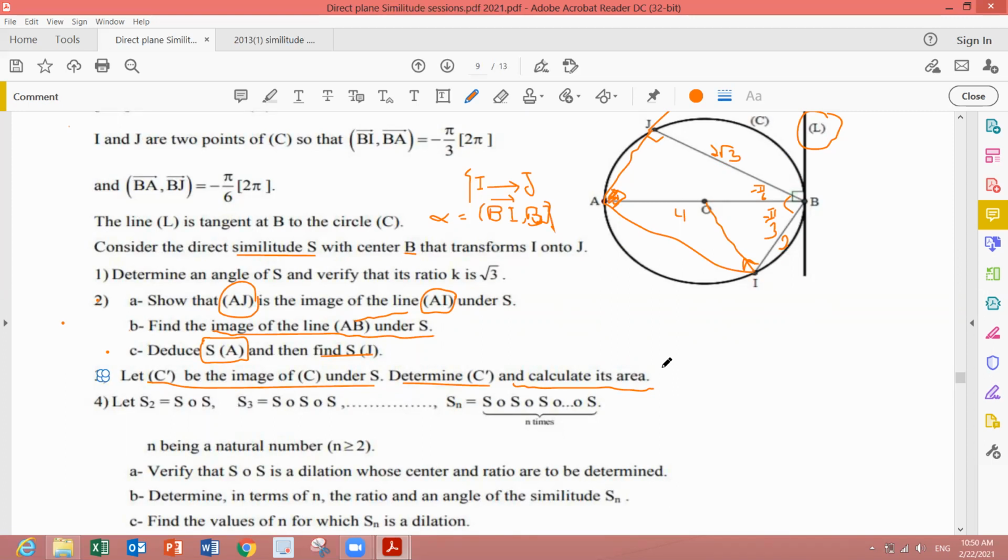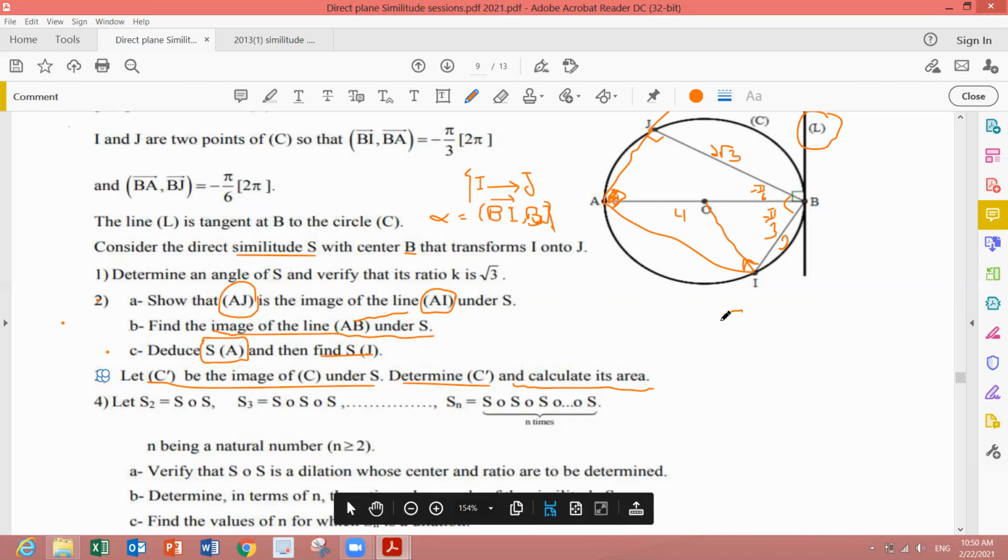Is it another circle? A different center and the same radius? No. Similitude multiplies the length by the absolute value of K, and the area by K squared, and preserves the angle.